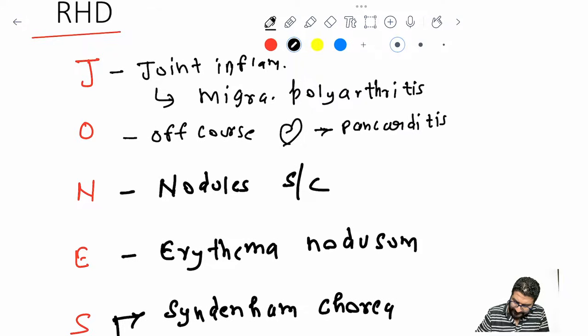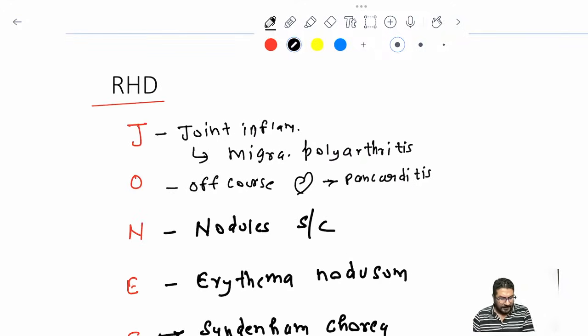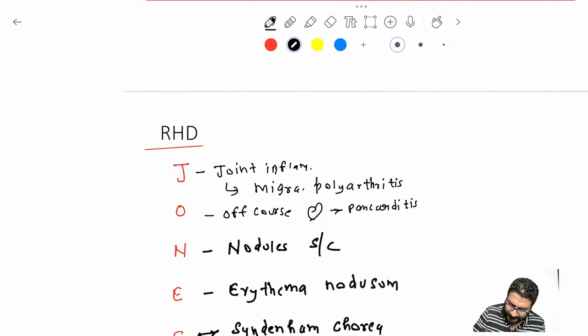We have subclinical carditis. Done? Now understand, this is what I have written for you, JONES. These are the major criteria.